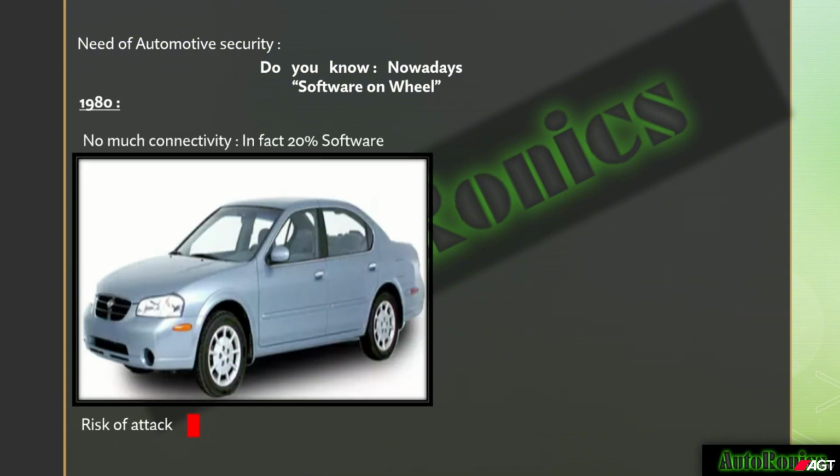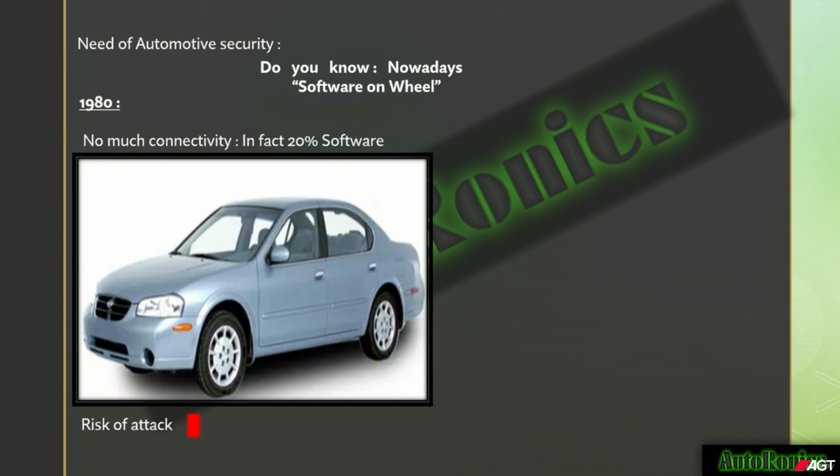If you look at vehicles from the 1980s to 1990s, or even 1995, there was not much connectivity in the vehicle. In fact, only 20% of the vehicle was software. Basically, there were some electronic items to control the engine and some peripherals, with very minimal software on top of it.